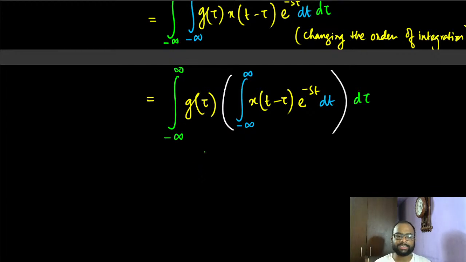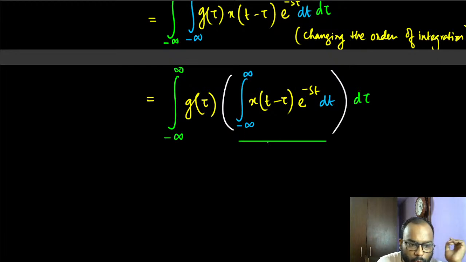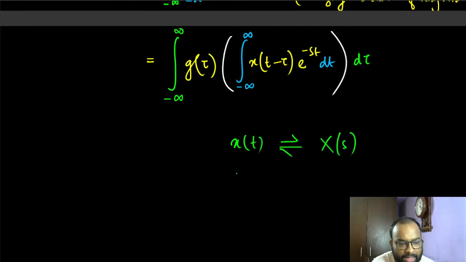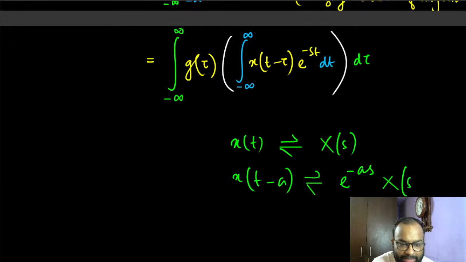Now this is just like the Laplace transform. What is this blue one? This is the Laplace transform. We derived this: if the Laplace transform of x(t) is X(s), then the Laplace transform of the time shifted signal is e to the power minus a s times X(s). That's called the time shifting property, right?